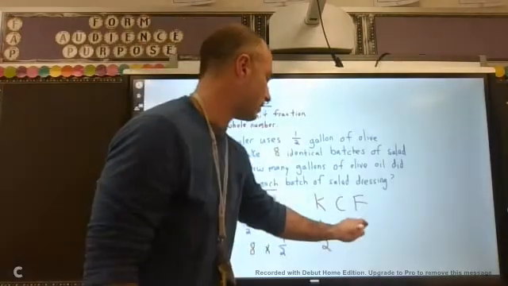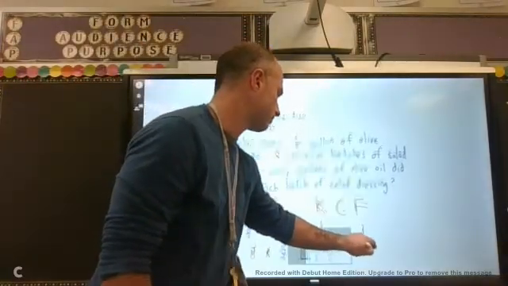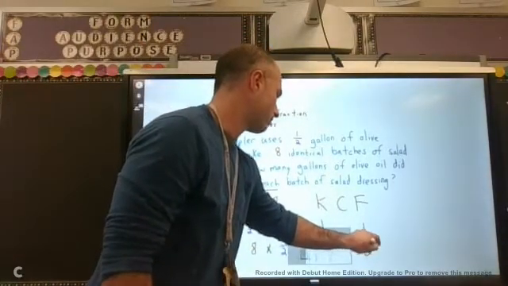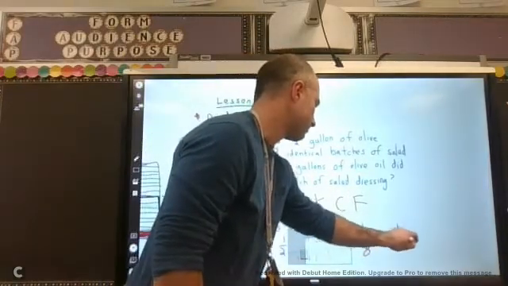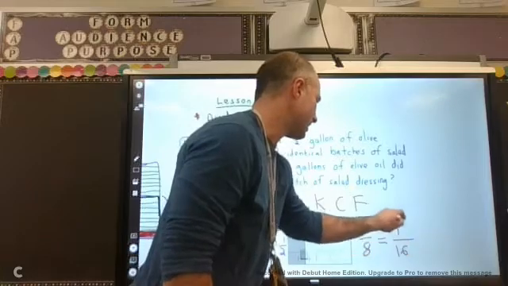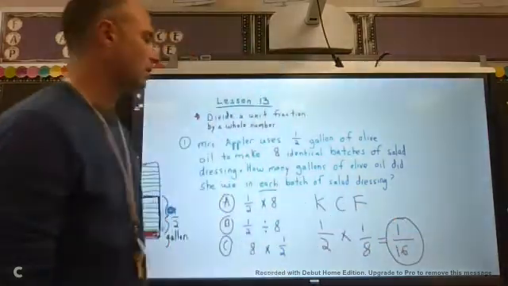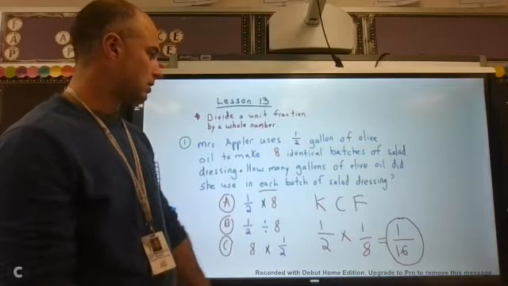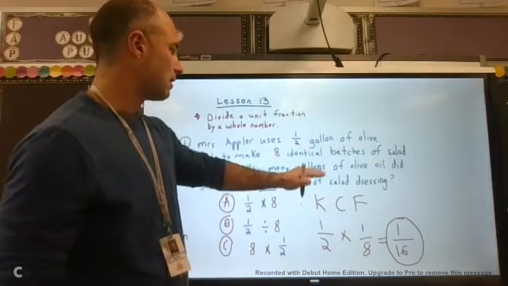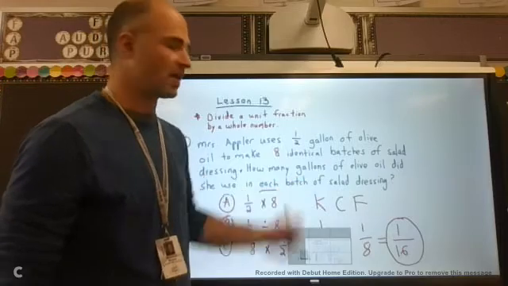Flip the 8 to 1/8. Also giving me an answer of 1/16. So 1/16 of a gallon. Okay, 1/16 of a gallon is used to make each batch of salad dressing.